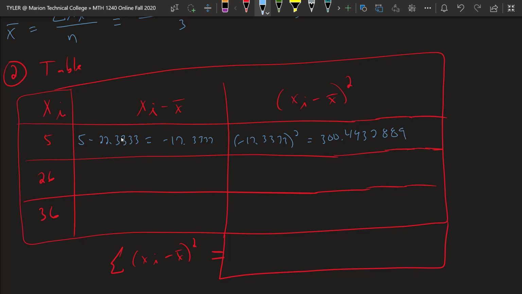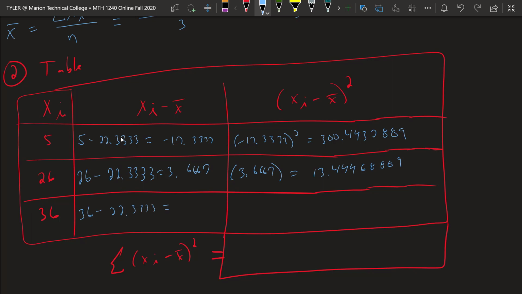Right, so the next one, I would take 26 minus 22.3333, which gives me 3.6667. And then I'm going to square that and get about 13.4444. And then lastly, I'm going to take 36 minus 22.3333, which gets me to 13.6667.